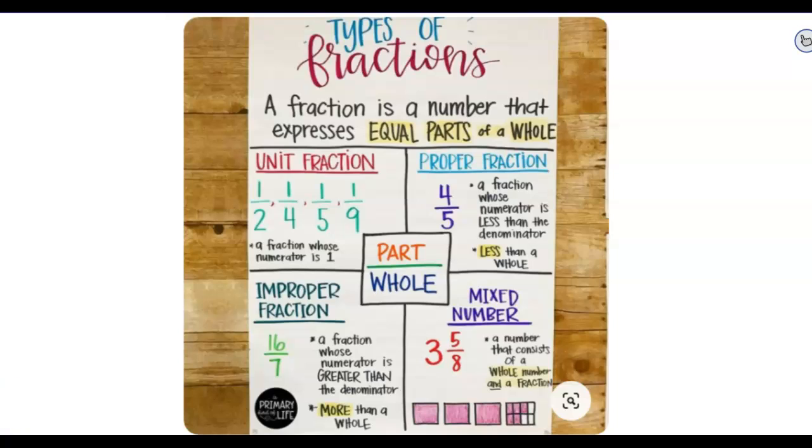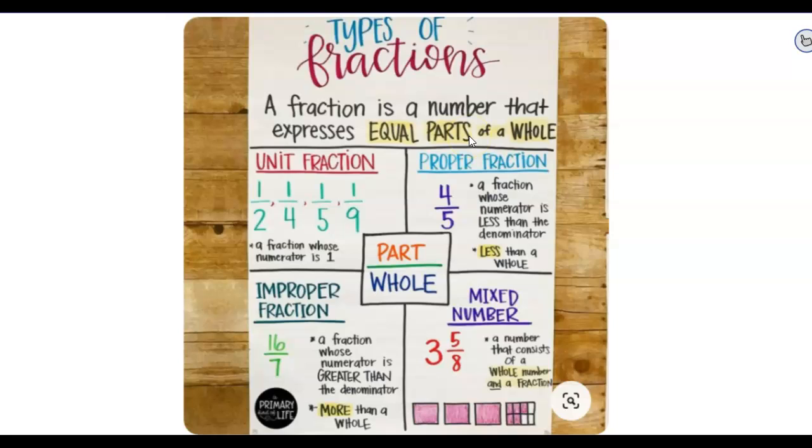Before we begin our fractions page for today, I want to make sure that we review some things. These are types of fractions. Remember that when we talk about a fraction, this is the key to it. It's equal parts of a whole.